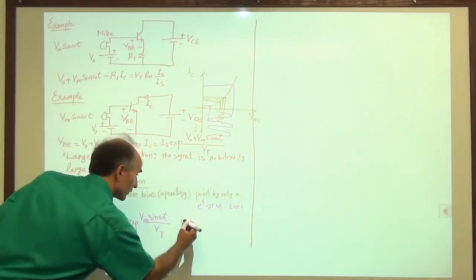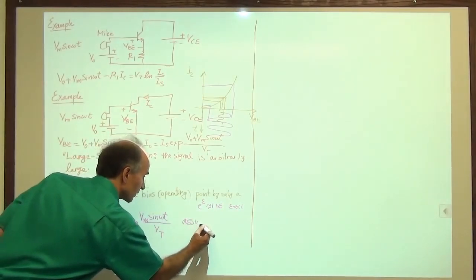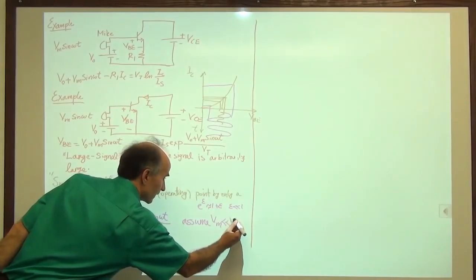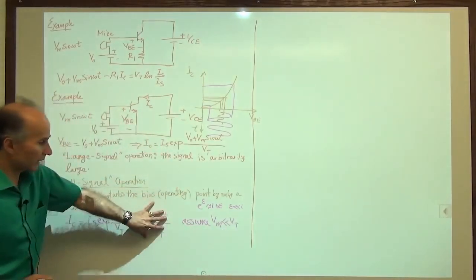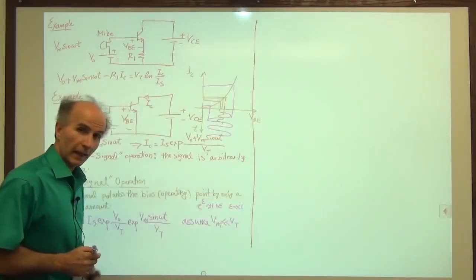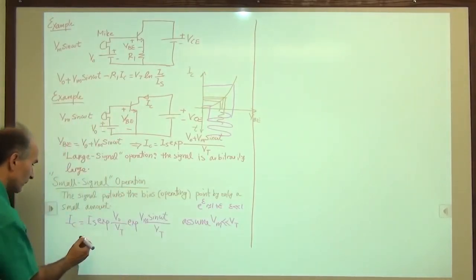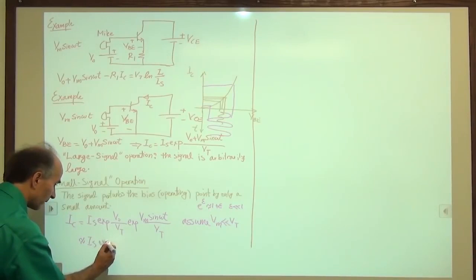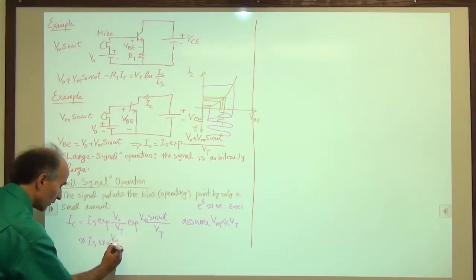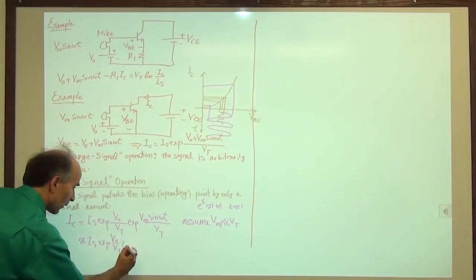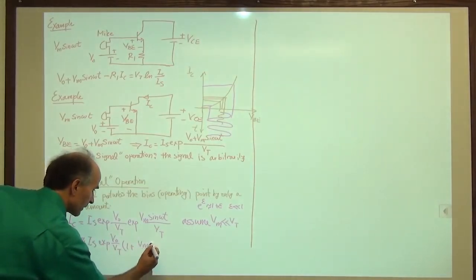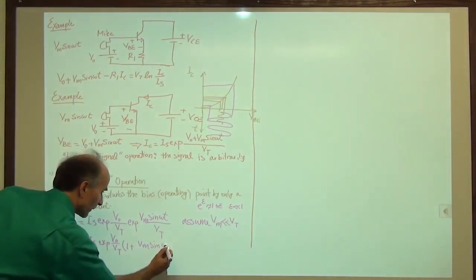So we assume Vm is much less than Vt, so that this argument is much less than 1. And I can expand it like so. So I can write IS exp of V0 over Vt times 1 plus Vm sine of omega t over Vt.